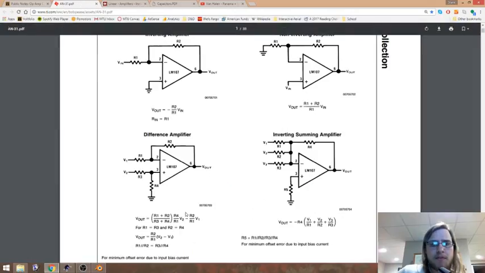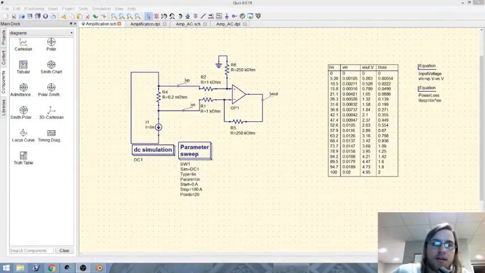So back to the circuit, let's take a look at an implementation of this. I constructed the differential amplifier circuit in a software called QUCS, which stands for Quite Universal Circuit Simulator. It's open source, and it's still in development, but I think it's pretty great.